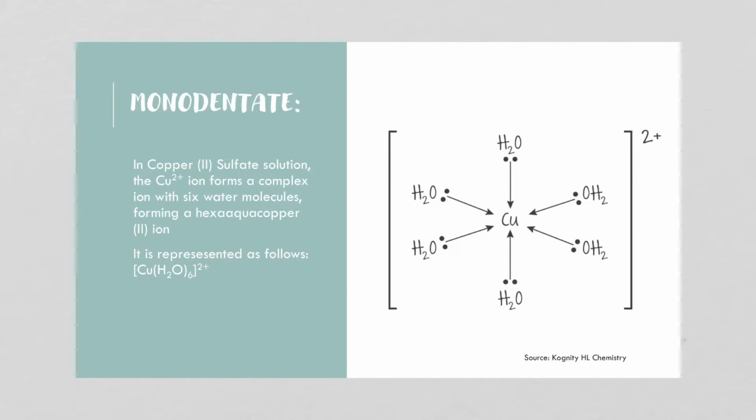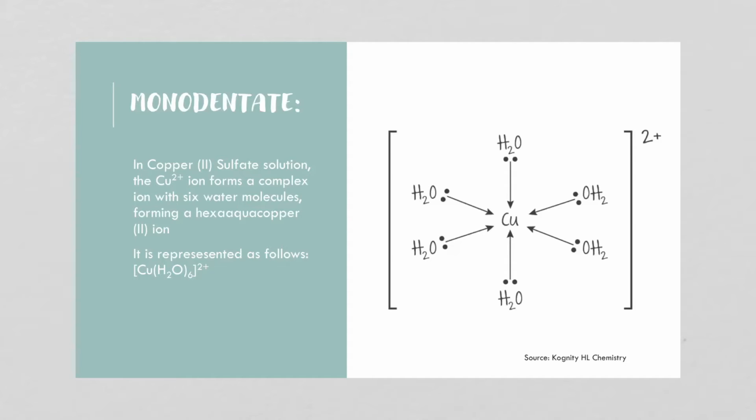Water acts as a monodentate ligand. In copper(II) sulfate solution, the Cu2+ ions form a complex ion with 6 water molecules. Each of these water molecules shares one pair of electrons with the Cu2+, and that forms a hexaaquacopper(II) ion.